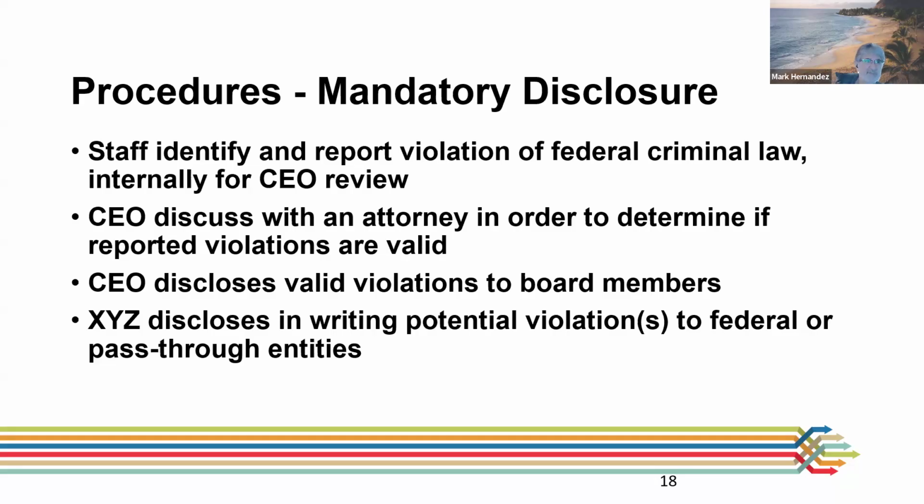If they're not, then you stop there. If they are valid, then the CEO would need to disclose it to the board members for any potential violation. And then finally, if it is to that point, then the organization needs to disclose it to the funder, whether it's the federal agency or the pass-through entity.